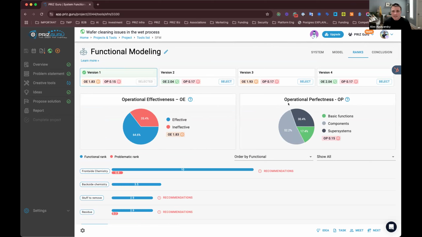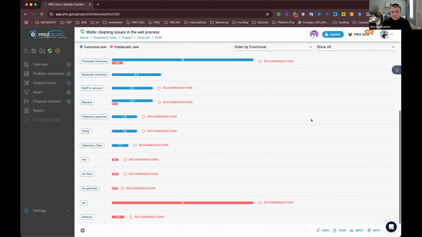These two parameters basically speak about the complexity and the cost of the entire system, or in the case of process functional modeling, about the cost and the complexity of the process. Now, the power of these tools, and I'll go over these in a moment.